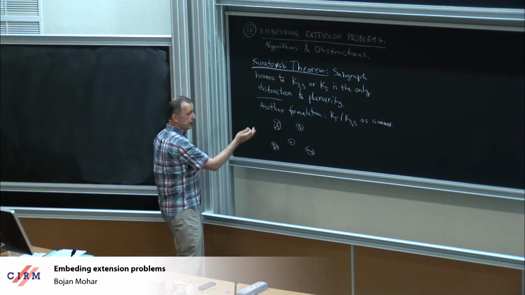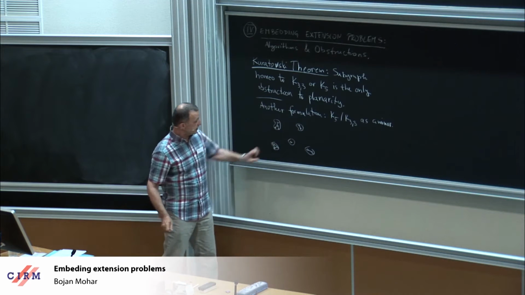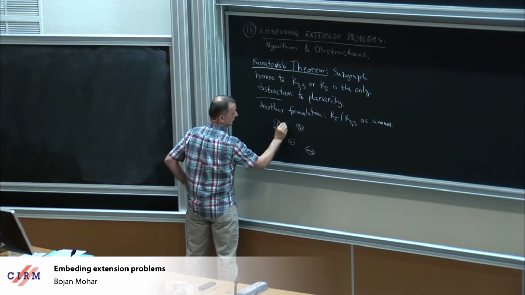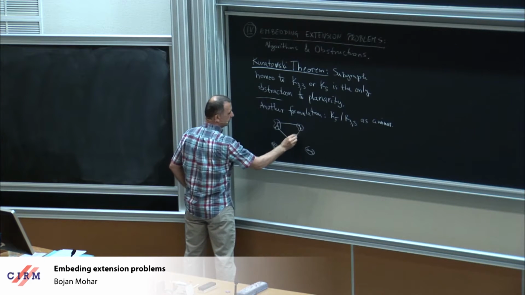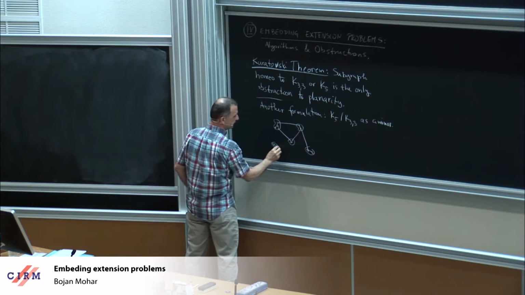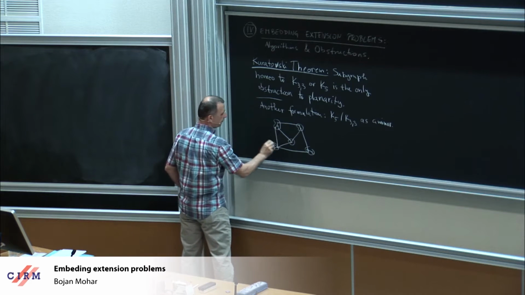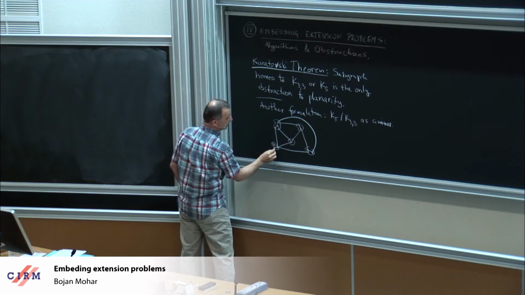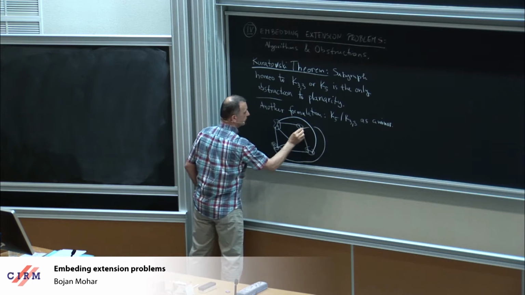And then between these sets, you have all possible edges forming a K5 structure. So this would be 1, this one would be here, this one would be here, and so on. We're missing an edge also from here to here.